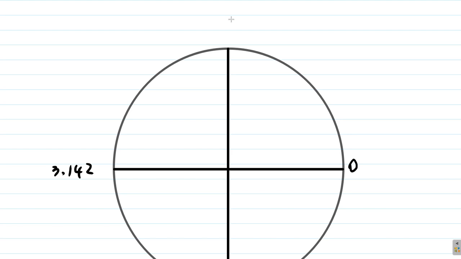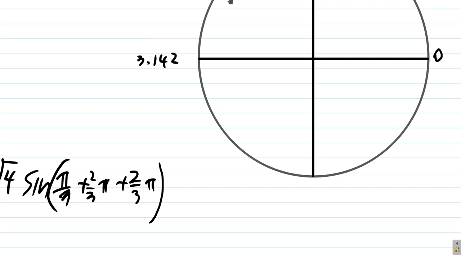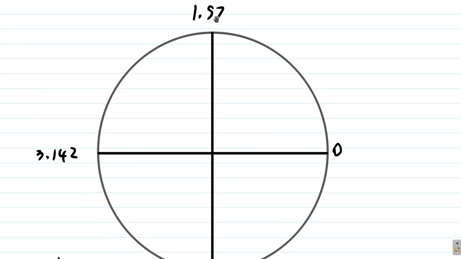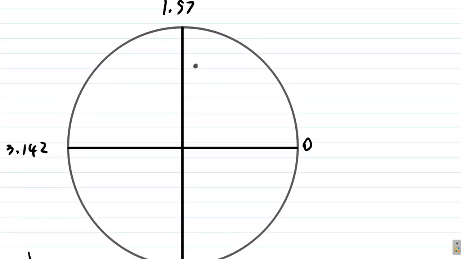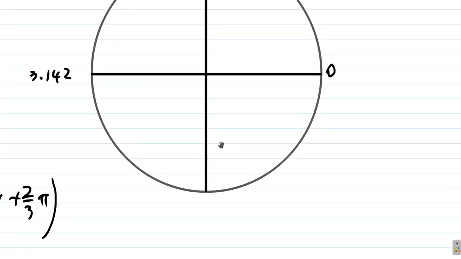This would be half pi. 3.142 over 2 is what? Pi over 2, 1.57. This would be what? Pi over 2, pi over 3, and this would be 3/4 of the circle.